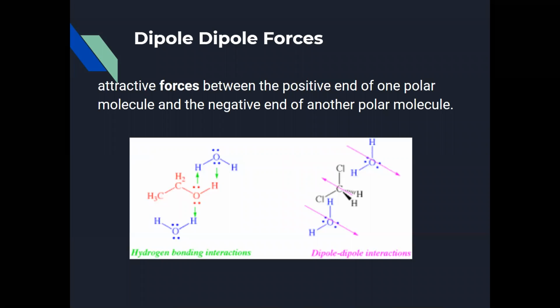We also have something called a dipole-dipole force, and that is the attractive force between the positive end of one polar molecule and the negative end of a different polar molecule. Okay? So this picture here kind of explains that a little bit.